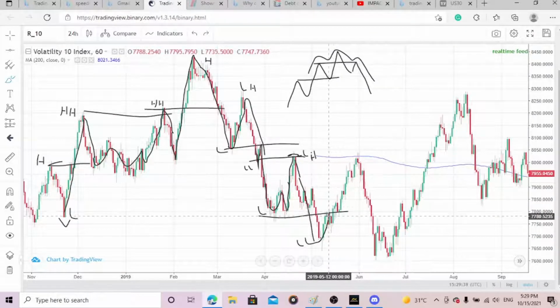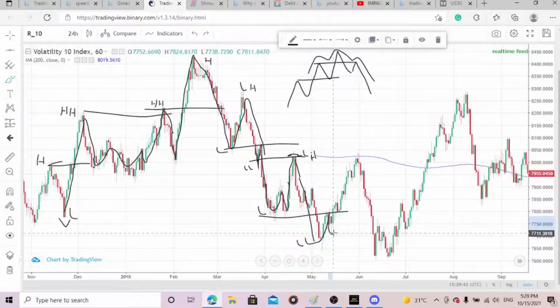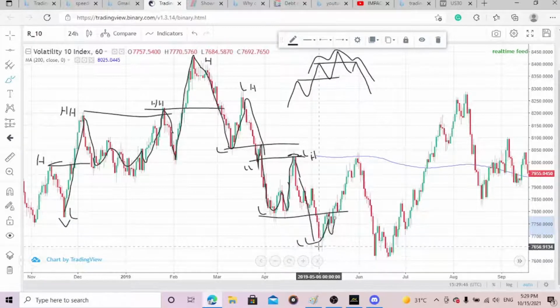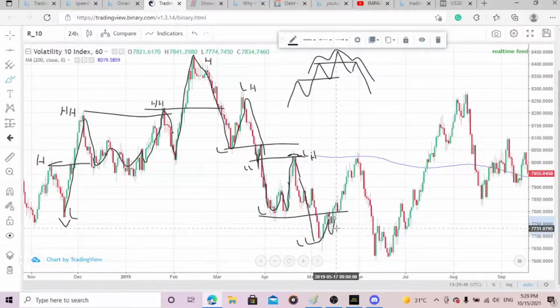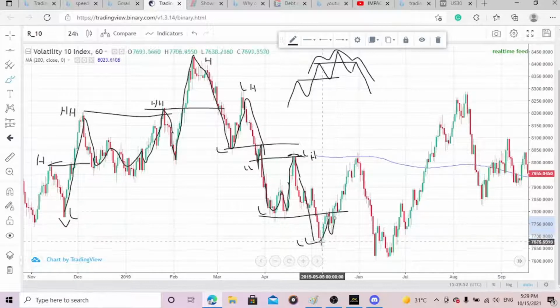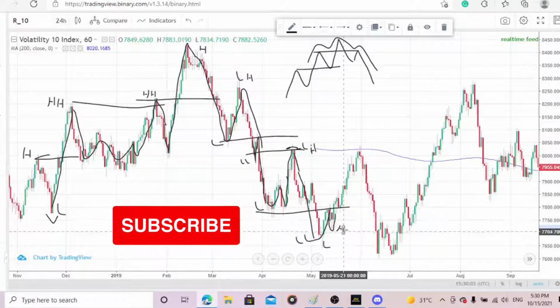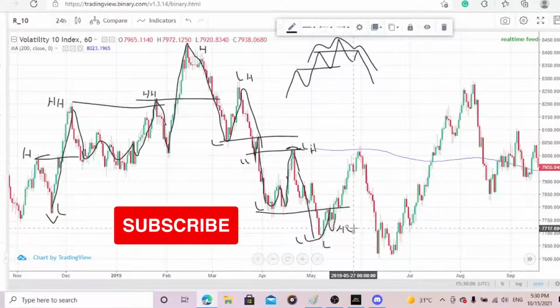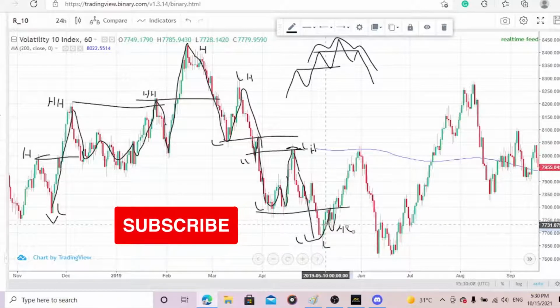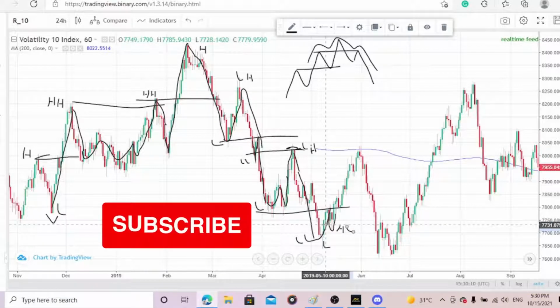The market came to this area, retested, and pulled back here, creating a higher low. So this is an indication that the market might reverse.